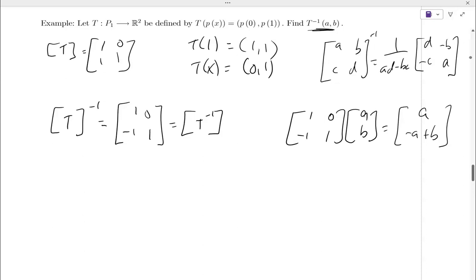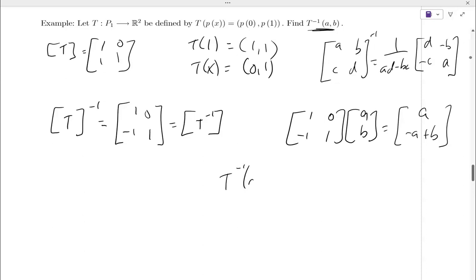This is now coordinates with respect to some basis for an element in the range of your inverse function. Again, where is this vector supposed to live? P1, right? So those are going to be the coordinates, and since we use the standard basis, these will be the coordinates with respect to the standard basis for P1.